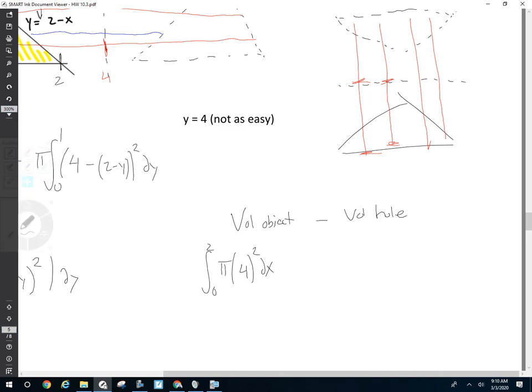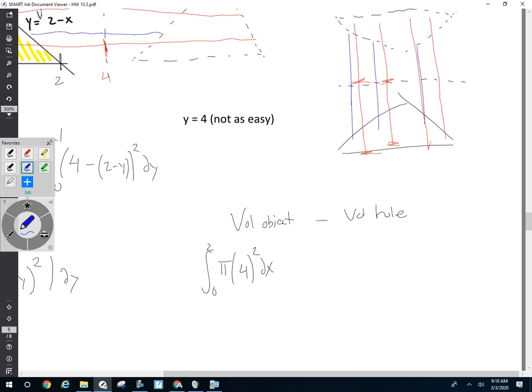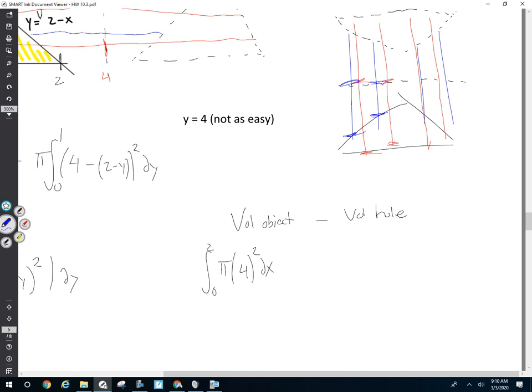Well, when I start drawing some vertical cylinders, I notice a problem. They're going to change. The radius from 0 to the intersection at 1 is going to be using the y equals root x. So I need to subtract that. But that's just from 0 to 1, and that's just 4 minus root x.